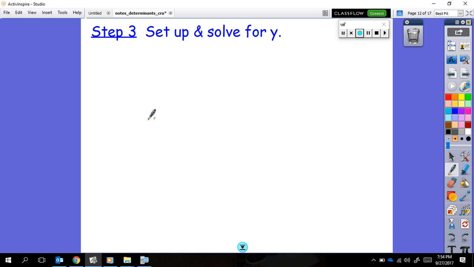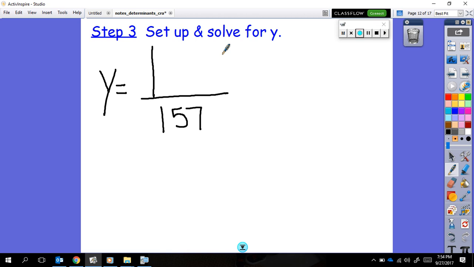What I would like for you to do is try to do the setup by yourself. Still 157 here on the bottom. We're going to set up our matrix on the top. Now what goes down the middle column? The answers. So negative 1, 9, and 27 are down the middle. Now be careful.